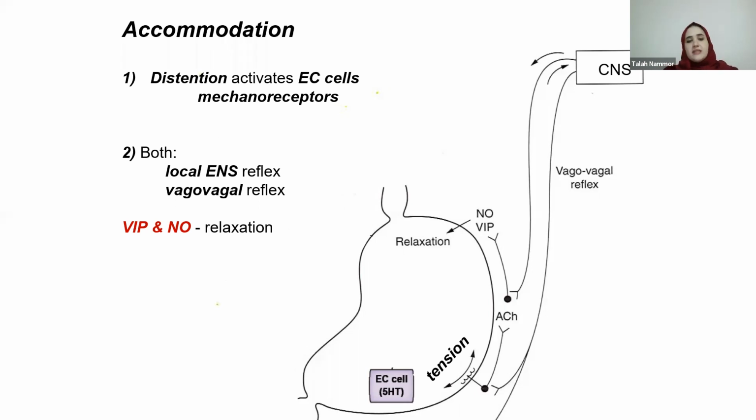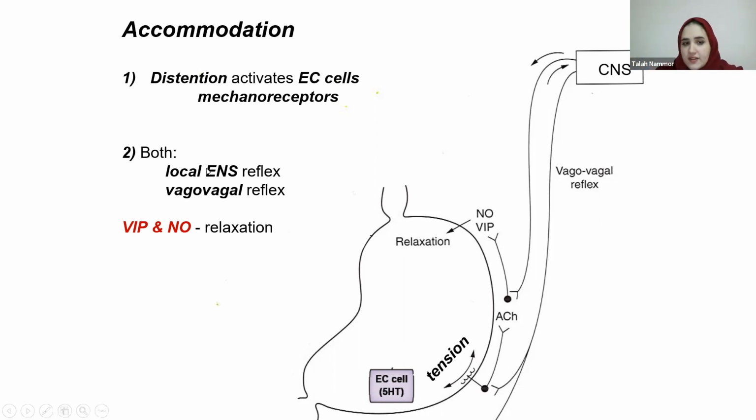Yep. So basically, the EC cells will release, and in this slide you can see, guys, that the distension or ballooning up of the stomach will cause the enterochromaffin cells to release serotonin, and this serotonin will act on the neurons that are close to it.